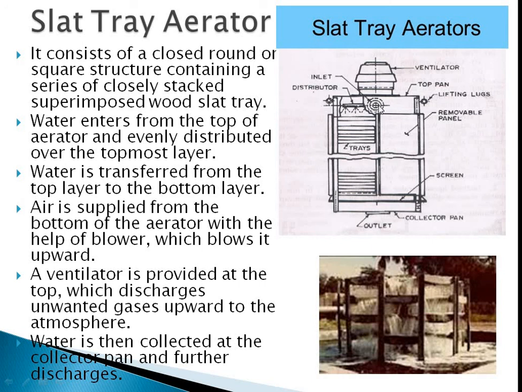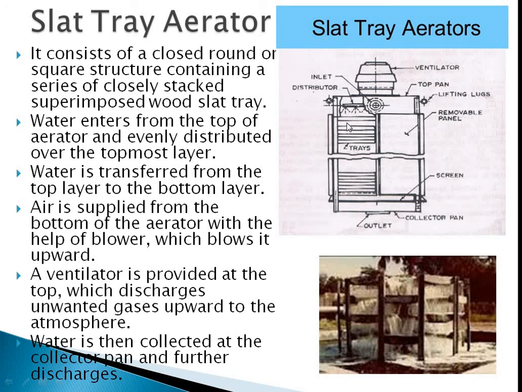The water first enters through this inlet pipe into the aerator and gets distributed over the surface of the aerator with the help of the distributor pipe. The nozzles can be seen on the distributor pipe, and the nozzles distribute the water into the trays.